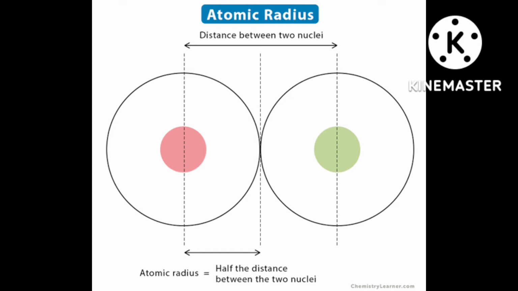The effective nuclear charge increases from left to right across a period, and consequently it will be easier to add an electron to a smaller atom, since the added electron on an average would be closer to the positively charged nucleus, because the positively charged nucleus will attract the outermost electron.